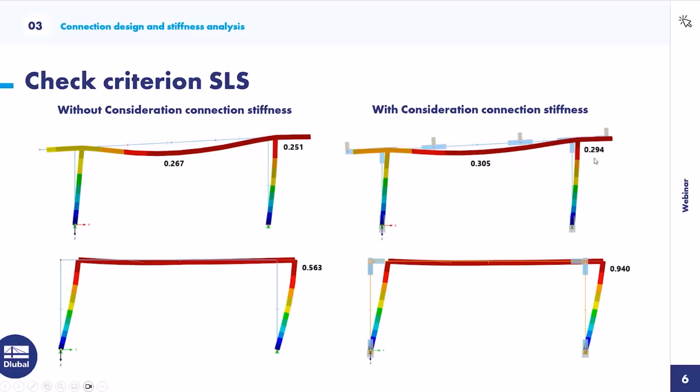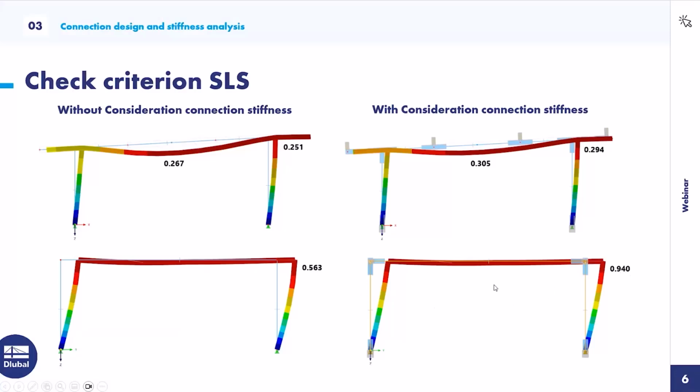A small increase also for the horizontal direction, from 25% to 29%. But for the frame in this direction, the same direction as the purlins, it was 56% without consideration of the connection stiffness, and now we are at 94%.